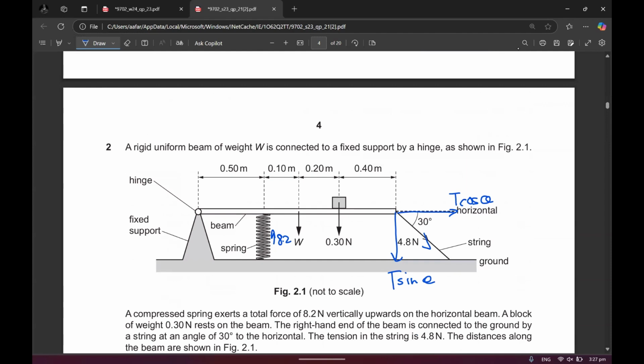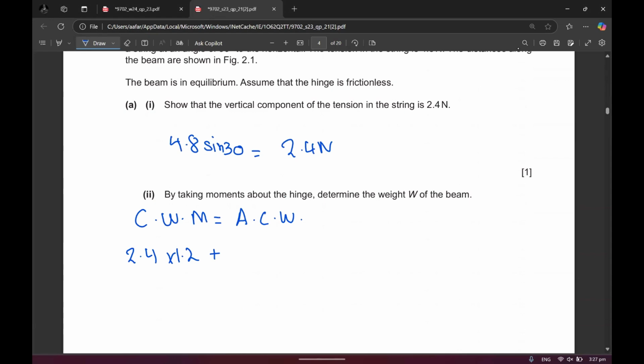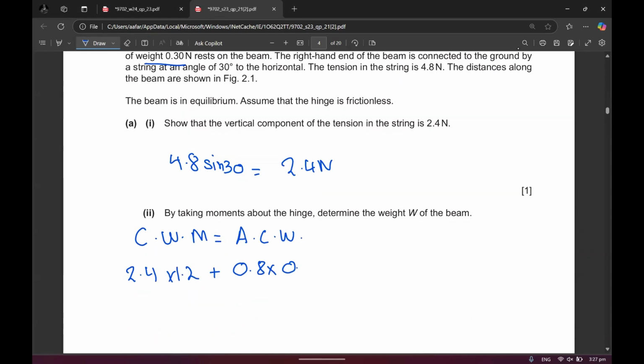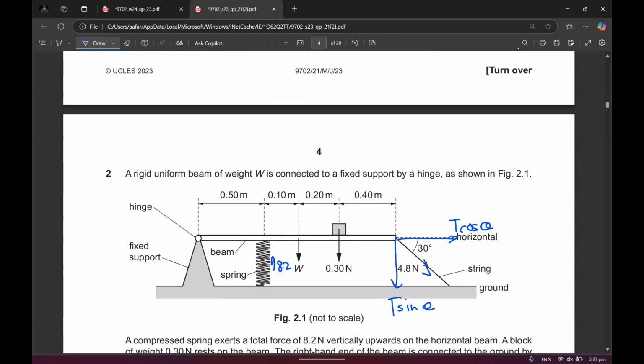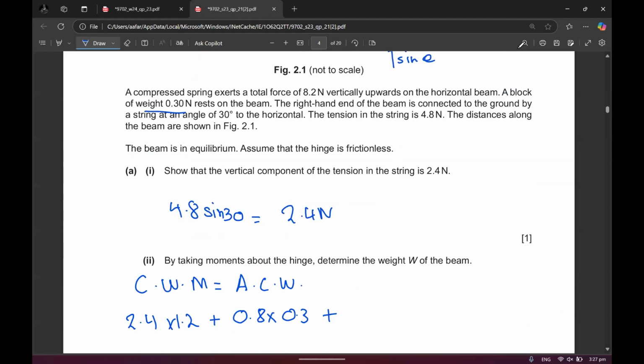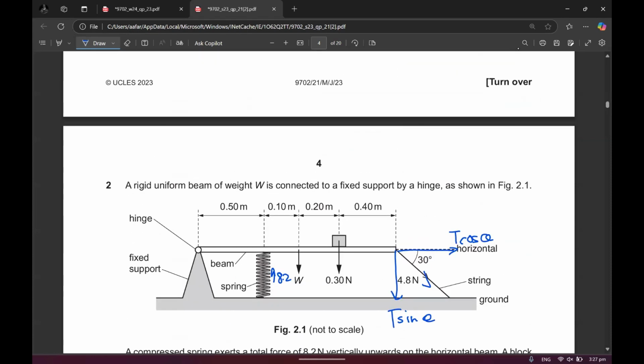So there was a weight of 0.3 Newton. It's set at a distance of 0.8, 0.5 plus 0.27. 0.8 into 0.3 Newton, plus the weight of the beam 0.6 meters away, 0.6 W. I think we finish with the clockwise moments.